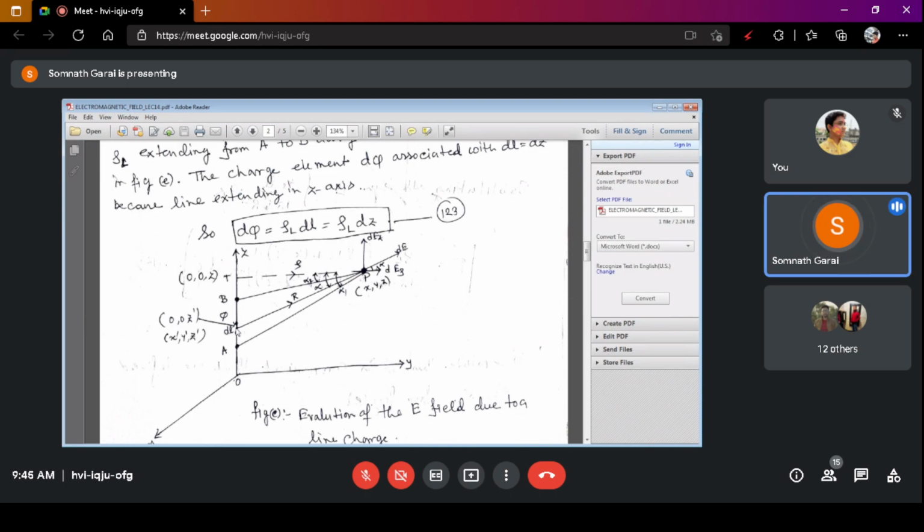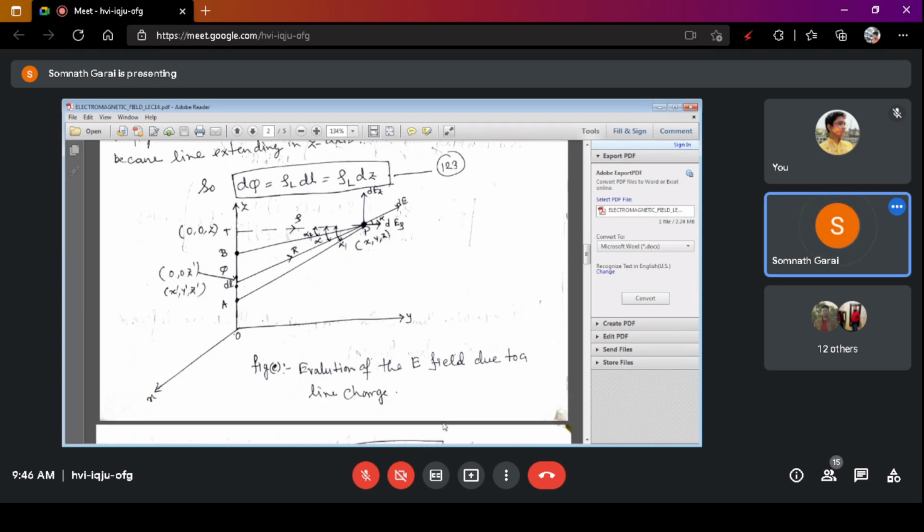Point Q has coordinates 0, 0, z dot. P has coordinates x, y, z, and T has coordinates 0, 0, z. Right? Okay. Clear to all?